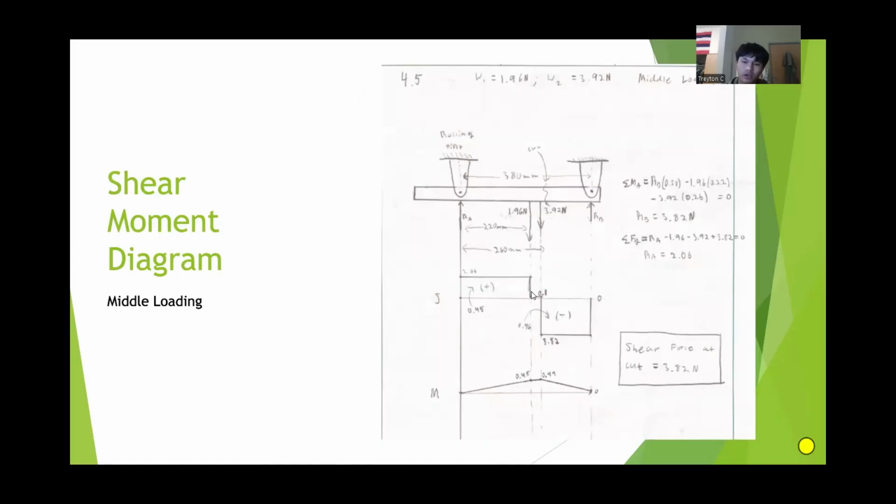Again, we solve for the moments about A and the sum of the forces to find the reactions, and that changed the diagram a bit. Again, what we're focusing on is the point of the cut. If we go from the cut all the way down, that should be the shear force at the cut, which is about negative 3.82 newtons.